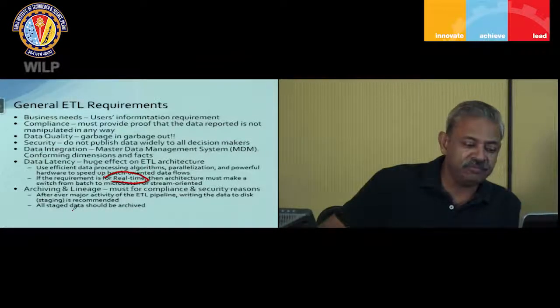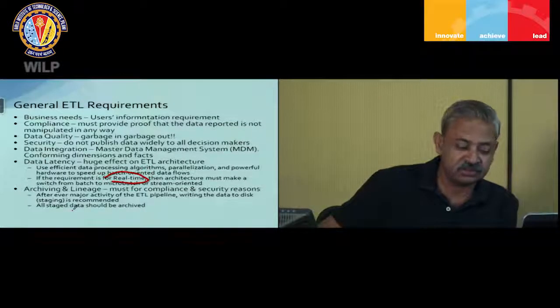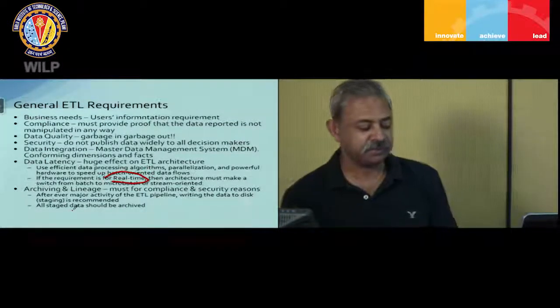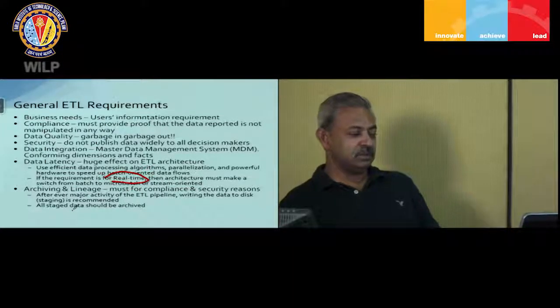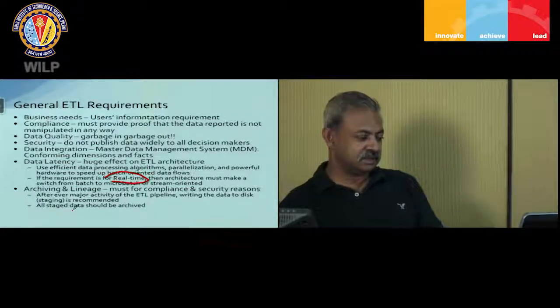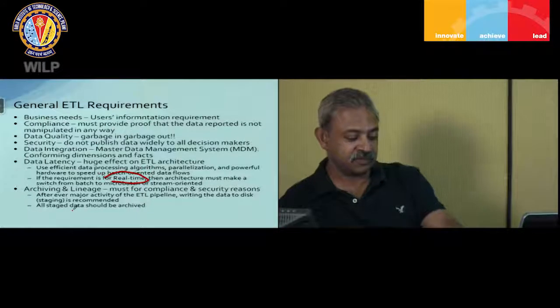And after every major activity of the ETL pipeline, writing the data to disk, that is what we call staging, is recommended, so that it is easy to see the different stages of the data. And all staged data should be archived. It should never be deleted from the system.